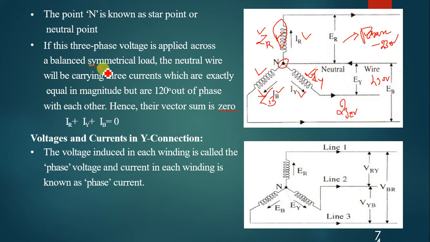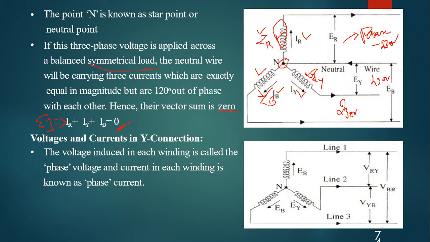Symmetrical means all the Z's are equal. Similarly, another condition that satisfies the balanced condition of a star or Y connection is that the algebraic sum, sigma I, which is IR plus IY plus IB, is equal to 0. Is this clear?